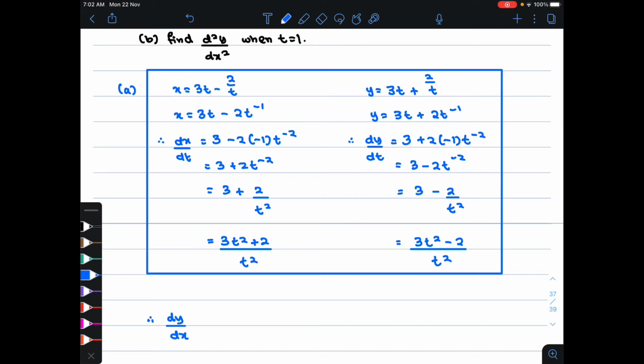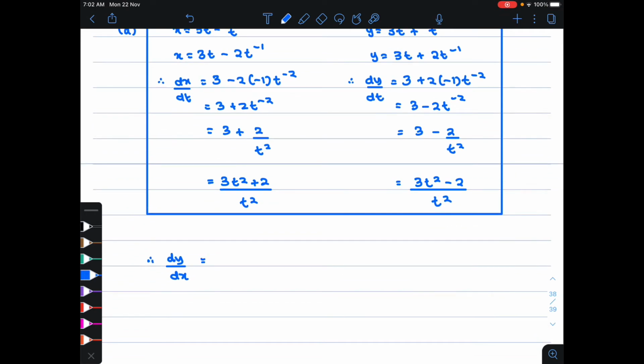So to find dy/dx, we need to apply chain rule. So we need dy/something times something/dx. So what should we put in these spaces here? Since we have dx/dt and dy/dt, therefore, this should be dt as well.